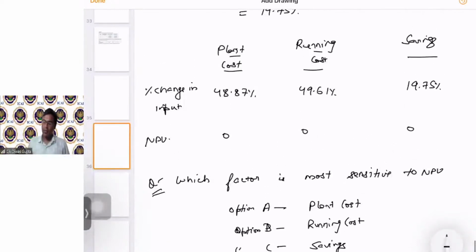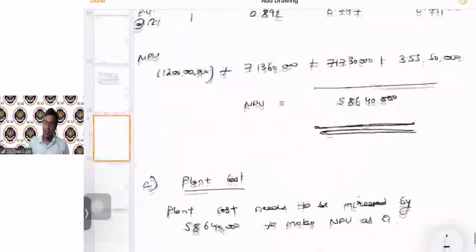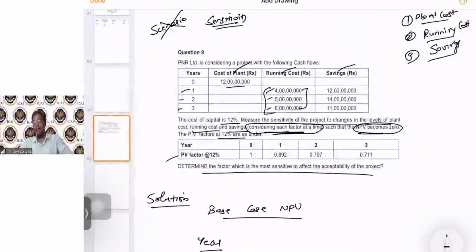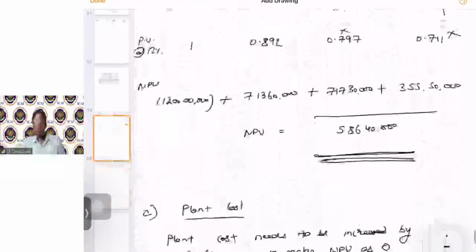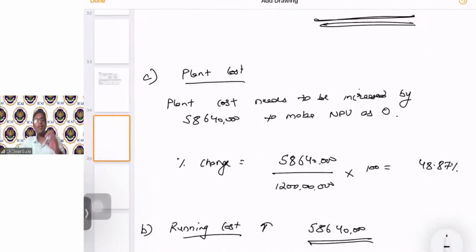If all of you are able to understand what this question is all about, it is again about sensitivity analysis in such a manner that the NPV should become zero. How will NPV become zero? First, we have to calculate the NPV. Whatever the NPV is, that straight away needs to increase the plant cost.